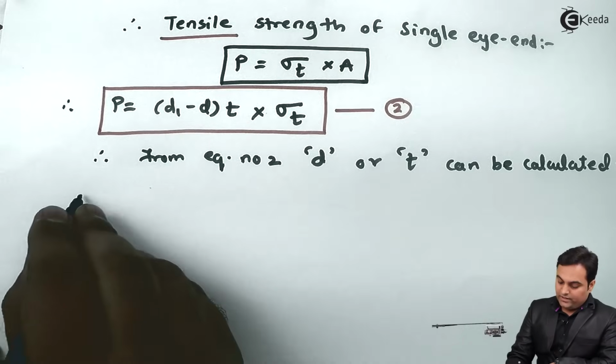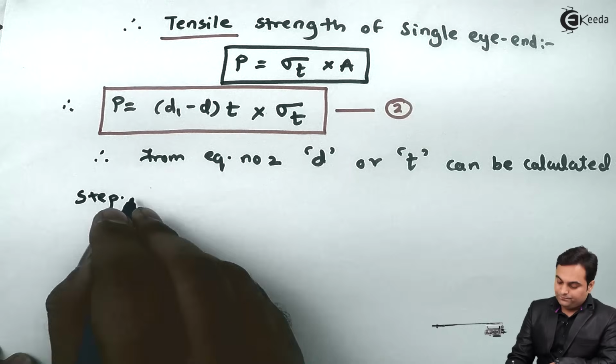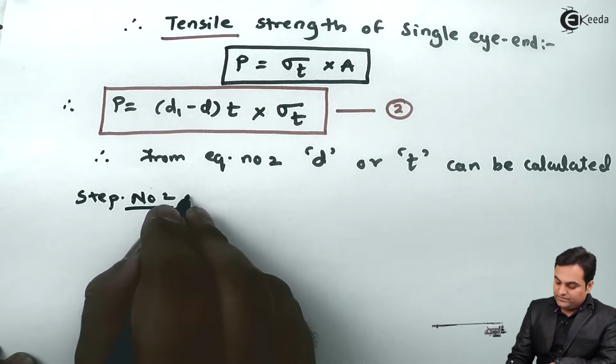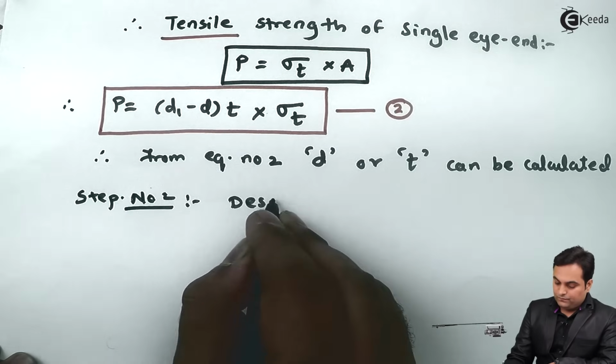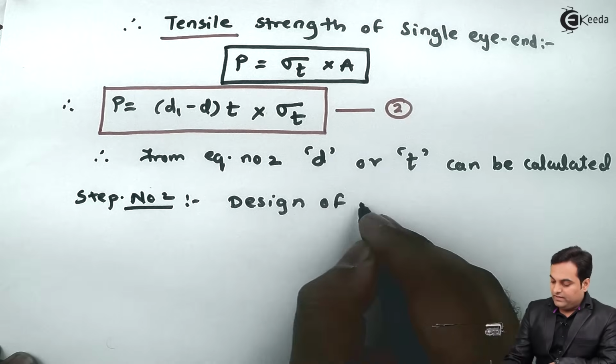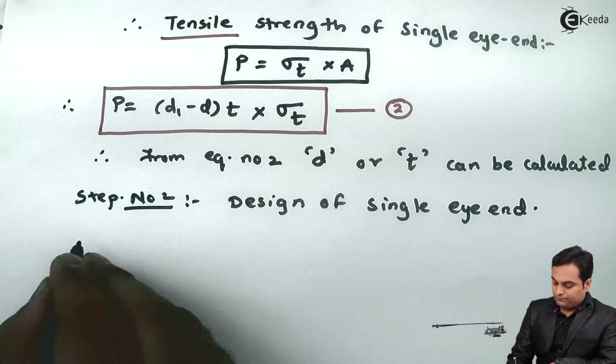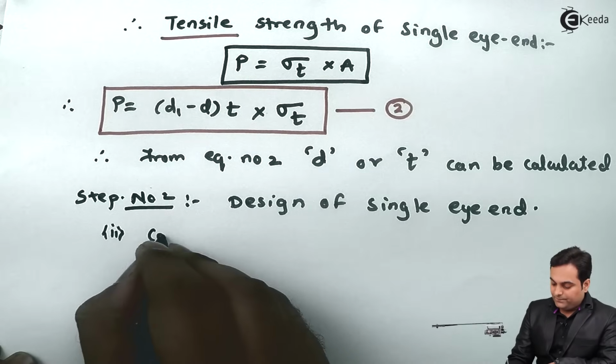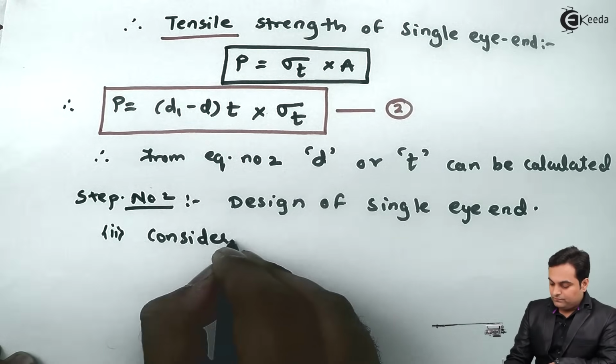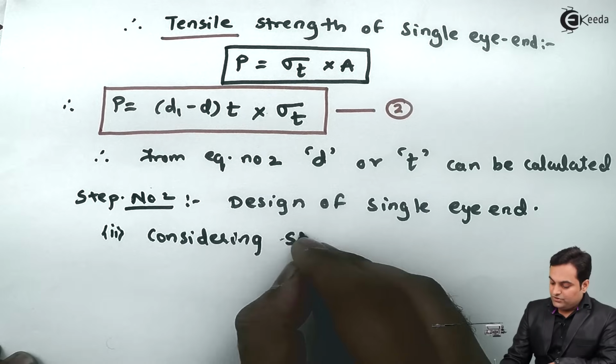After this, again in step number 2, that is design of single eye end, next I'll consider shearing failure.